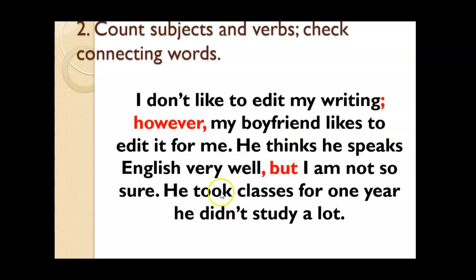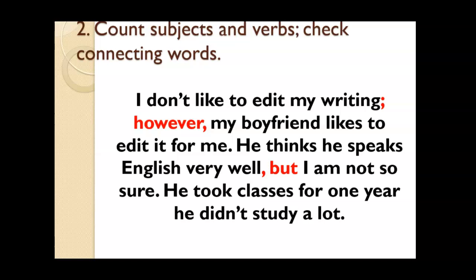I want to show one that doesn't use and. In this sentence we have, he took classes, he didn't study a lot. So what kind of connecting word do we need? Would it make sense to say he took classes for 1 year because he didn't study a lot? No, it wouldn't make sense. Would it make sense to say he took classes for 1 year and he didn't study a lot?